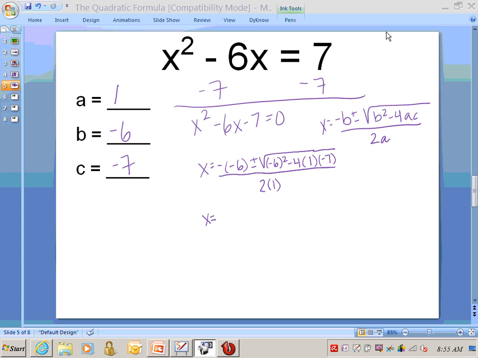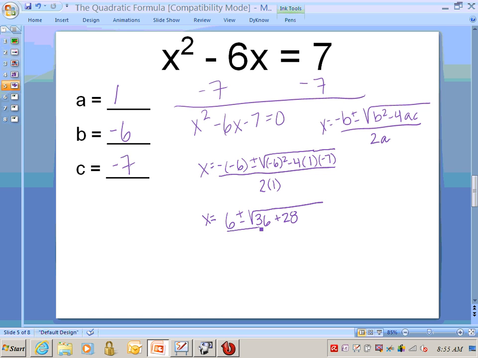Okay, so my next step here, I fill it in. What should my next step say? X equals 6 plus or minus the square root of 36 plus 28. Good. Two negatives multiplying make a positive, right?